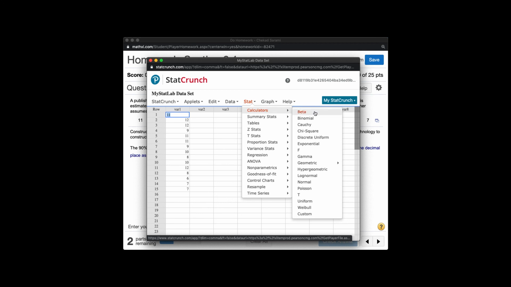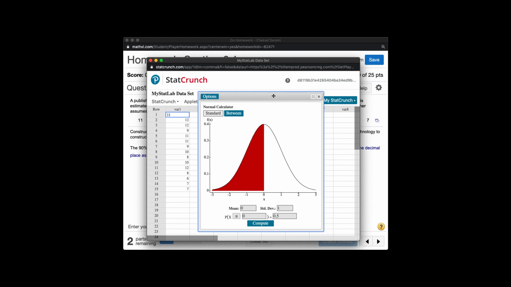From there you go to Normal, because remember that's a normal distribution, right? Now you need to select the Between option here. Then we need to specify the level, so 0.90 or 0.95.